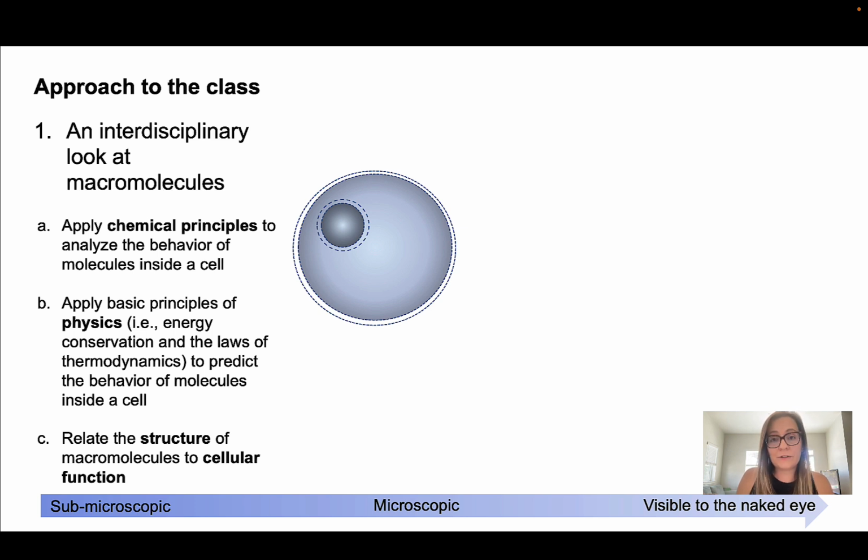And we're particularly interested in bonds that form and how these macromolecules interact with water. We're also going to apply the principles of physics, particularly the principle of energy conservation and the laws of thermodynamics, to predict the behavior of molecules inside a cell, or the way in which molecules move in and out of the cell. And then finally, as we look at each one of these macromolecules, we're going to relate the structure of the macromolecule to its function.